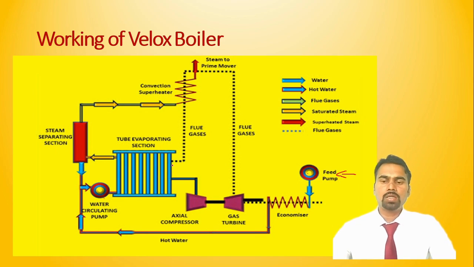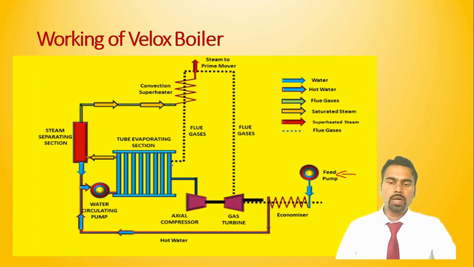These tubes are located above the combustion chamber. Here heat exchange takes place between the high velocity flue gases and this water, and the water becomes saturated. Means temperature and pressure increase, right?